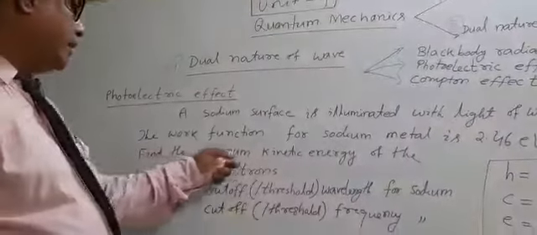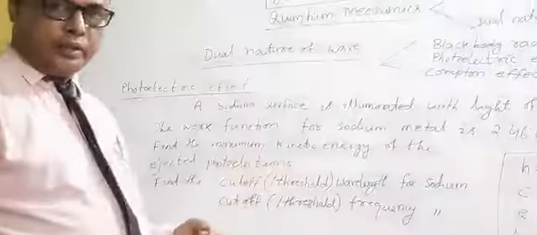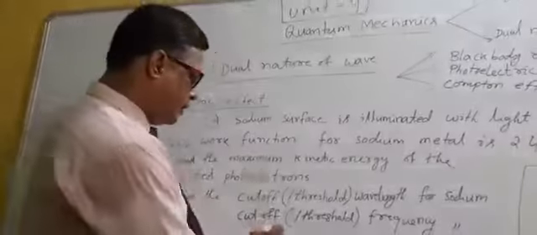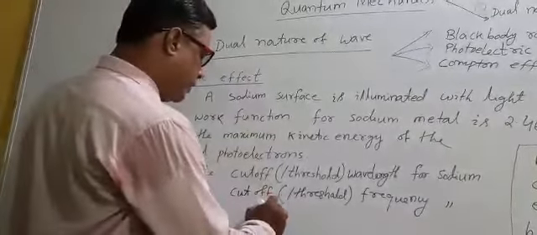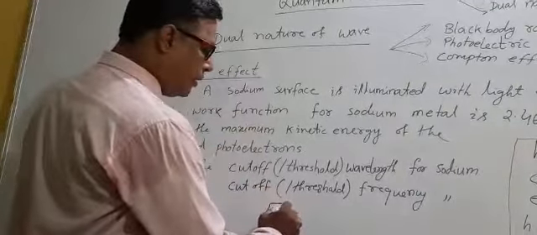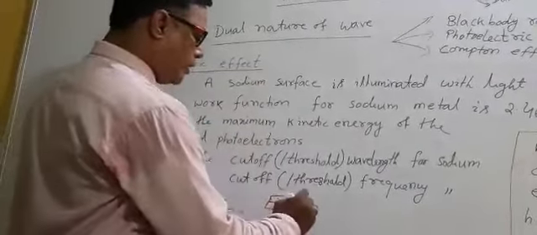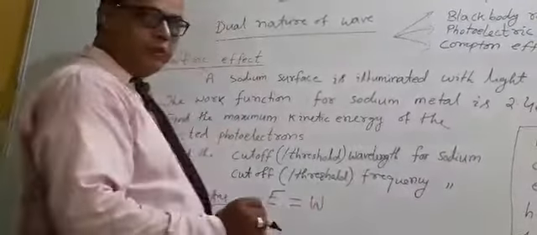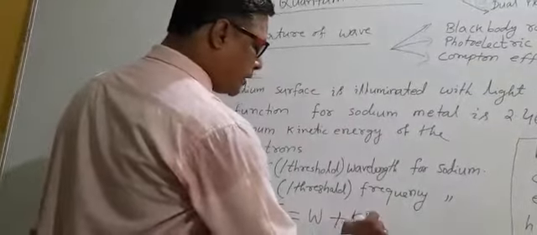So how do you find the maximum kinetic energy of the ejected photoelectrons? You know the formula, that is called Einstein's photoelectric equation. Energy of the photon is equal to, E is equal to W plus K max.